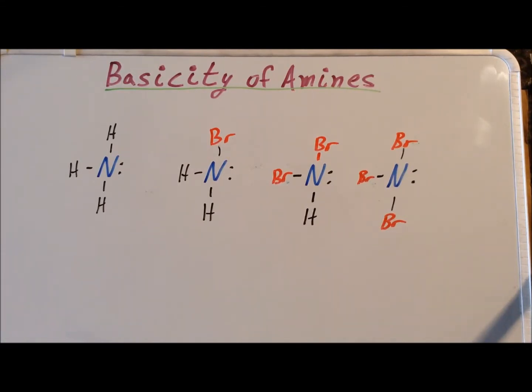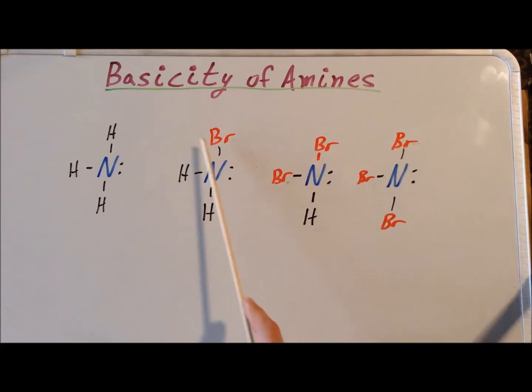Now, what you might realize is that bromine, while electronegative, is actually less electronegative than nitrogen. So if we compare the substituents to nitrogen, fluorine was more electronegative, chlorine was equally electronegative, and bromine is less electronegative than the central nitrogen. But that's not our point of comparison.